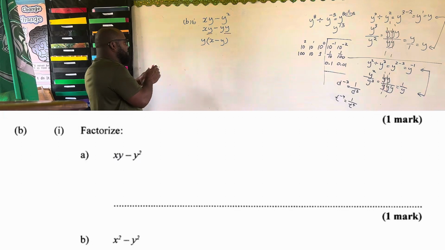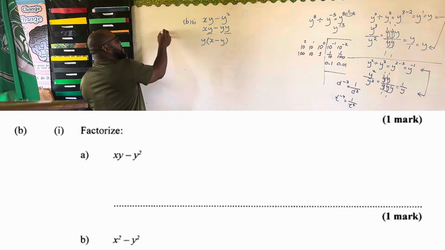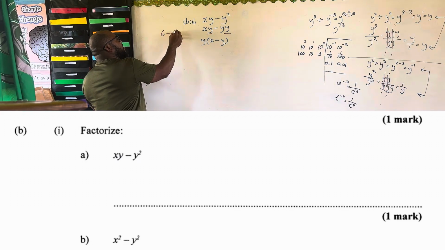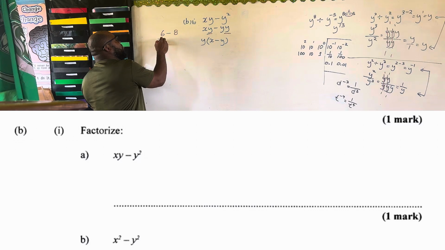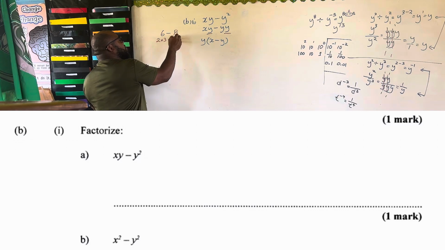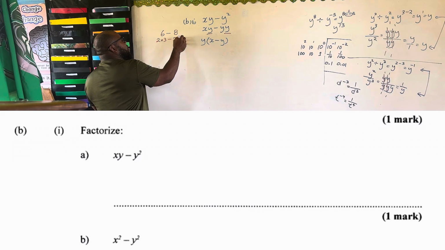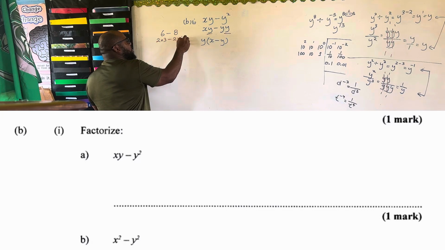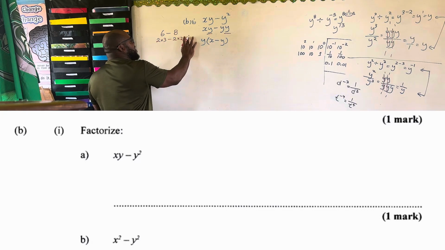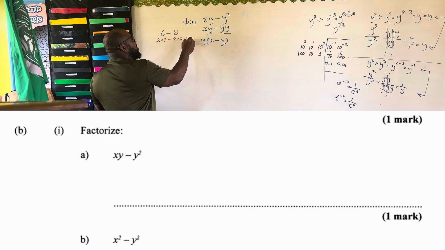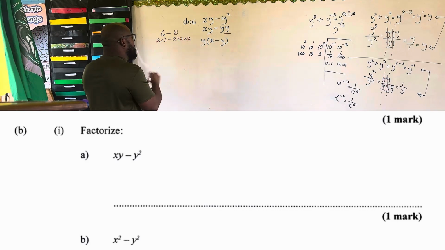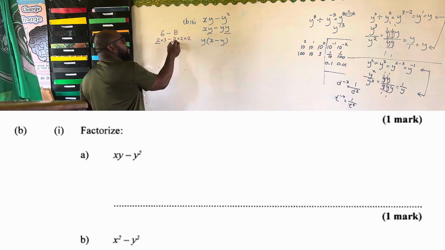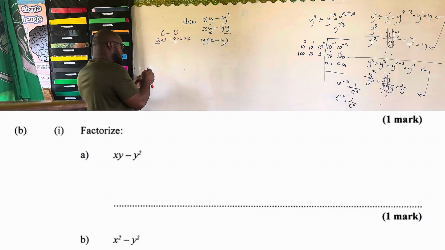Think about it like this. If I give you 6 take away 8. 6 is what? 2 times 3, right? And this is what? 2 times 4, right? What's common to both? The 2, right? Good. So you take out the 2.